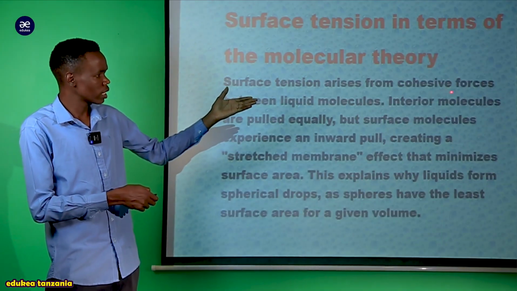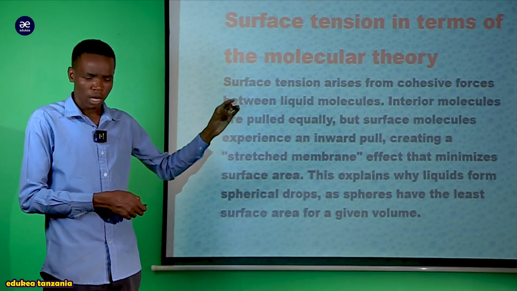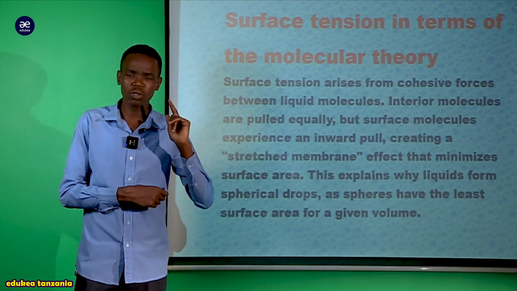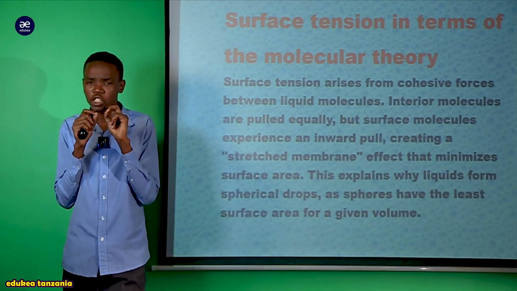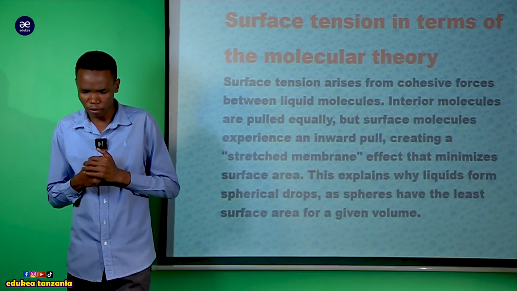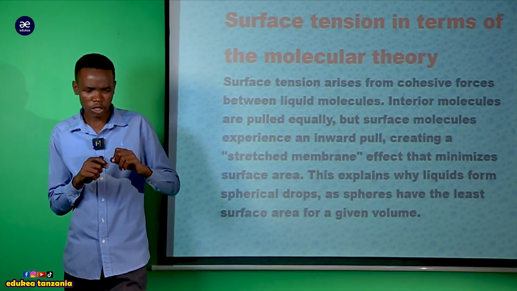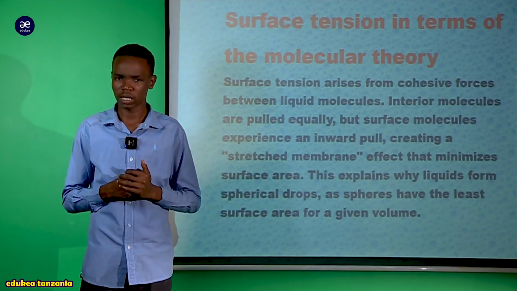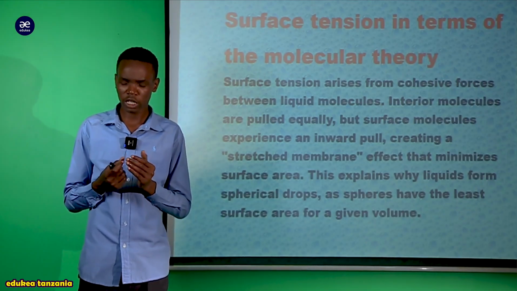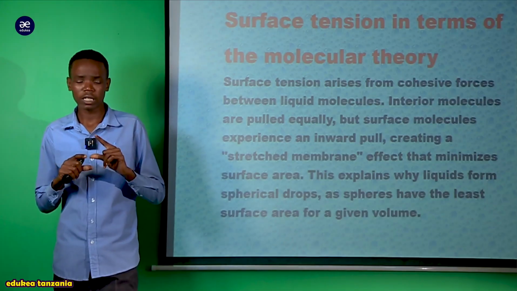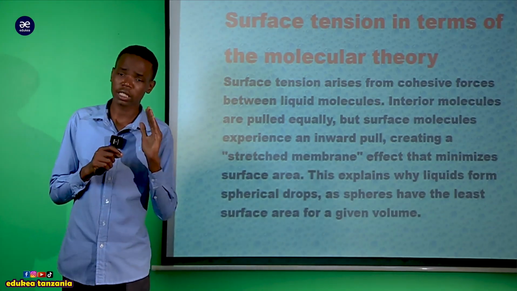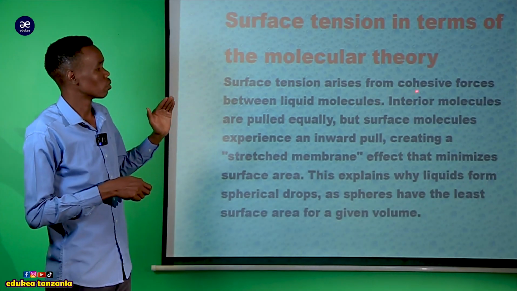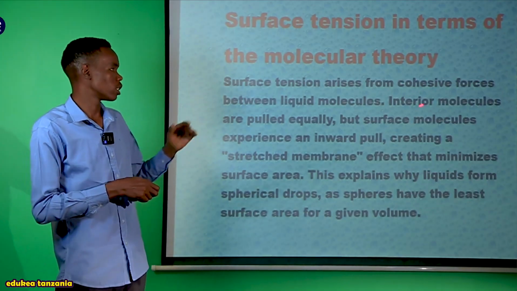What is the cohesive force? The cohesive force, my dear student, comes from cohesion. This is the force of attraction between molecules of the same substance. Kwa ile force of attraction kati ya molecule zenye substance sawa tunaita ni cohesion au cohesive force.